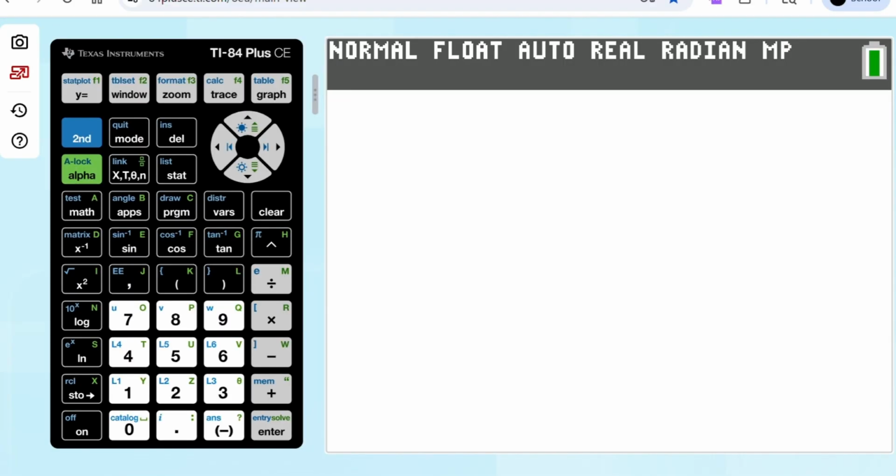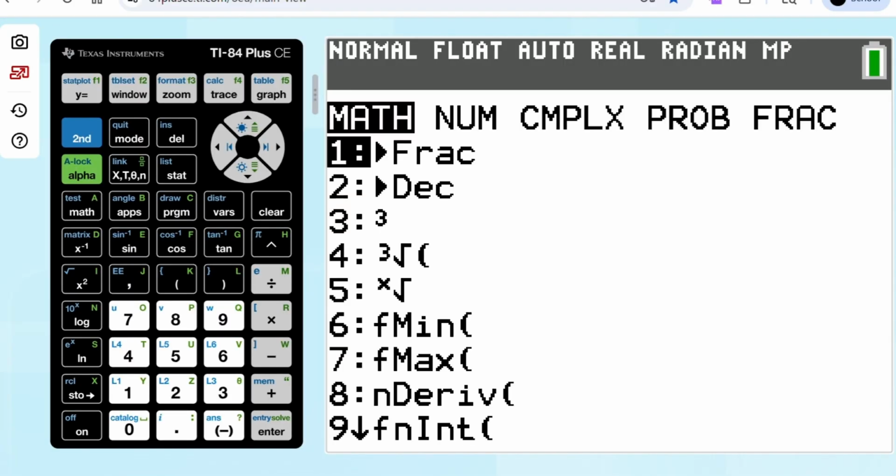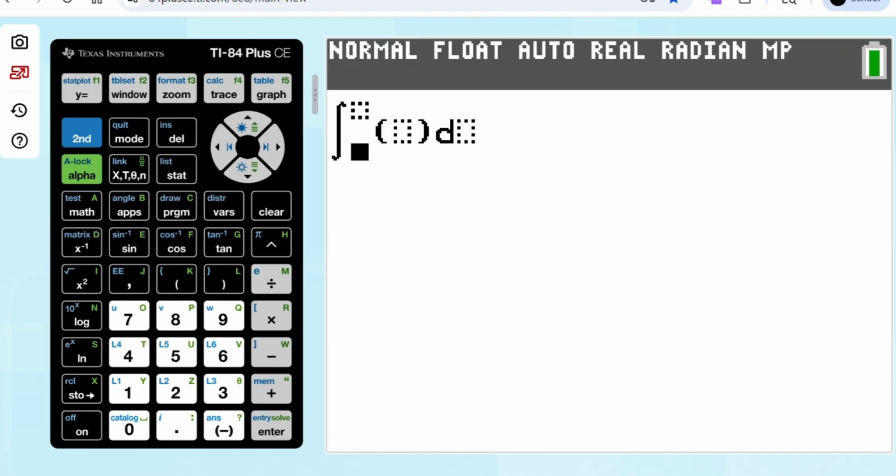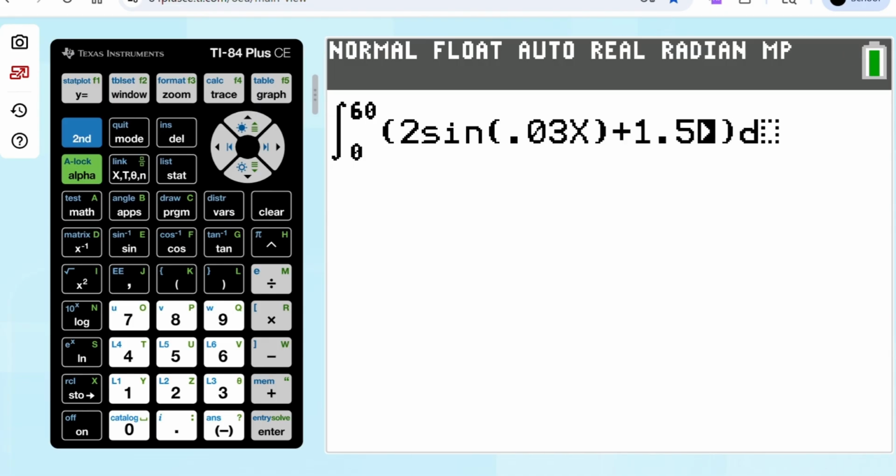to our graphing calculator. We're going to hit math, option number 9, FNINT, and we're going to do an integral from 0 to 60. And the function s prime was 2 times the sine of 0.03t, so we'll use x. Close the parentheses on your sine, and then we had a plus 1.5 after that, dx.